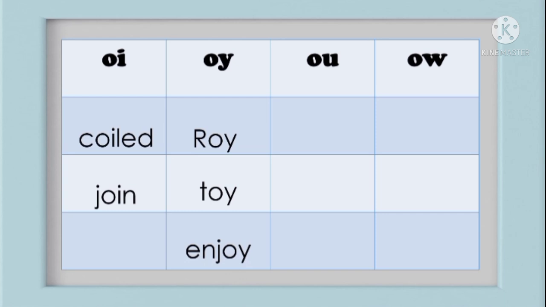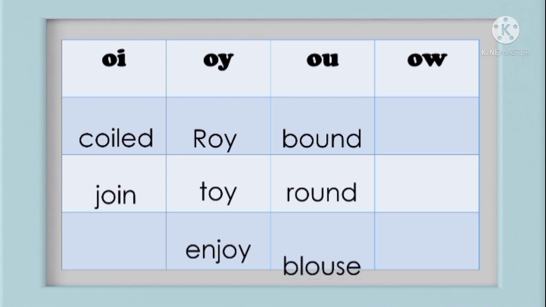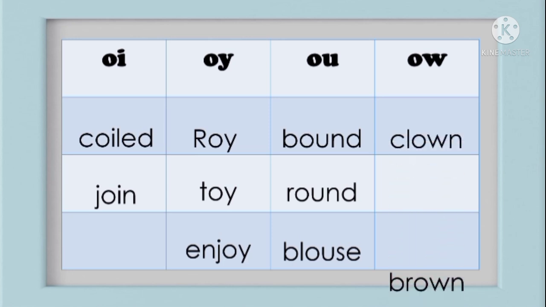Words with ow sound: bound, round, blouse, clown, brown. Vowel diphthong OW can also be read as O.